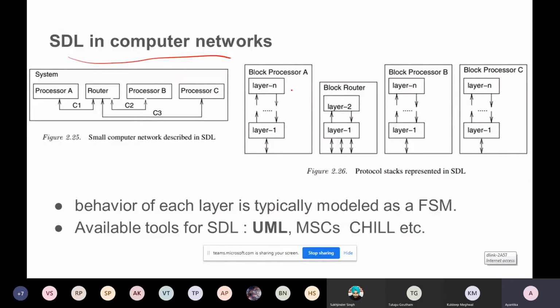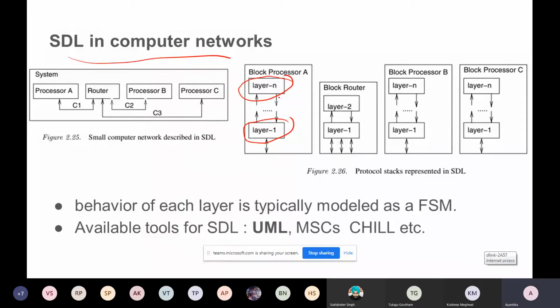Inside each block, processor A, there are different layers. Maybe there is a single process going on, or you have added multiple processes cascaded together.